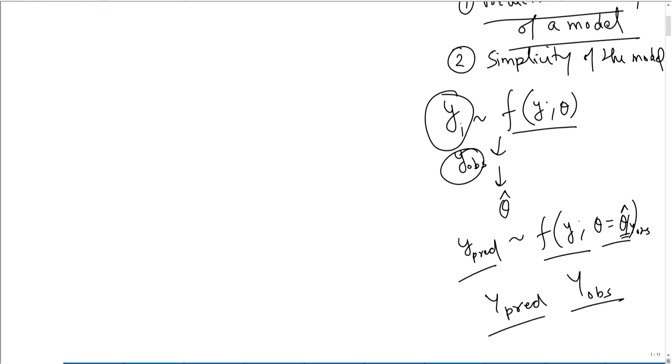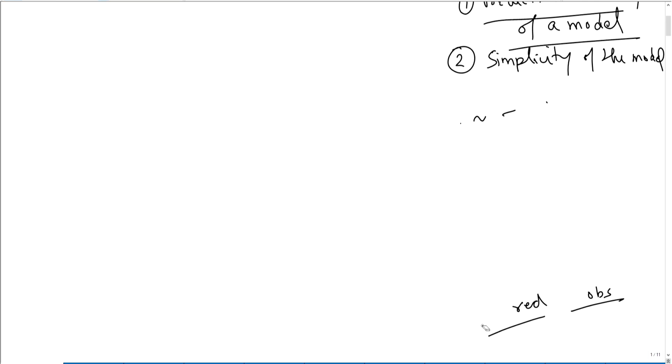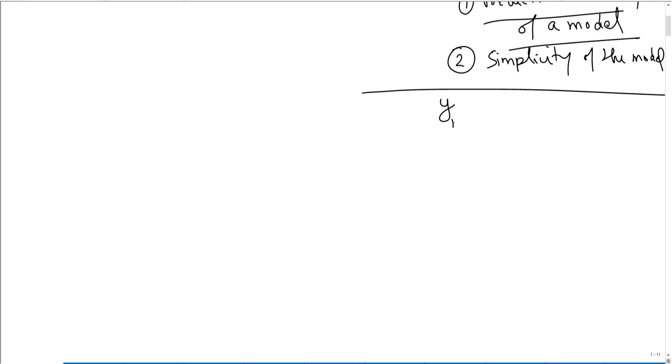In the Bayesian framework, this approach will become a posterior predictive check. How? Let us think about a Bayesian model, and let us see how the same approach would work in the Bayesian framework. So, let us say this is your model. You are interested in, hypothetically, modeling an outcome y, yi.